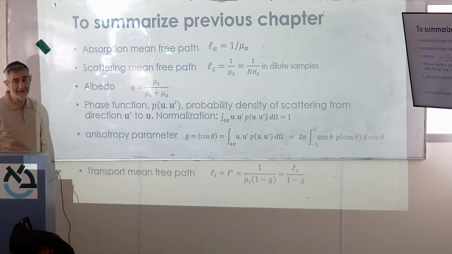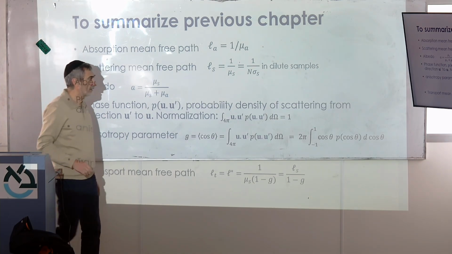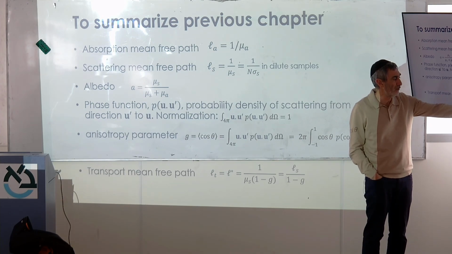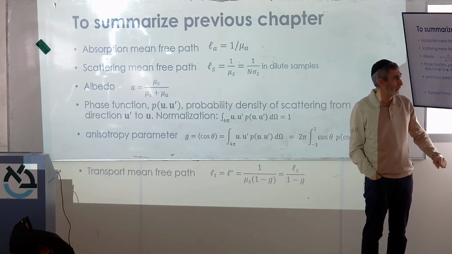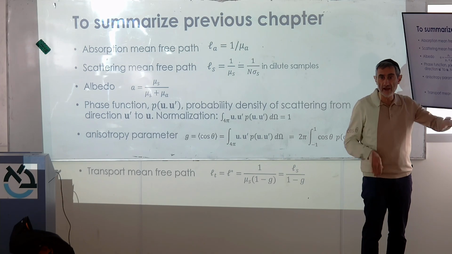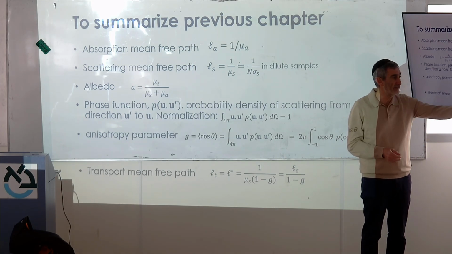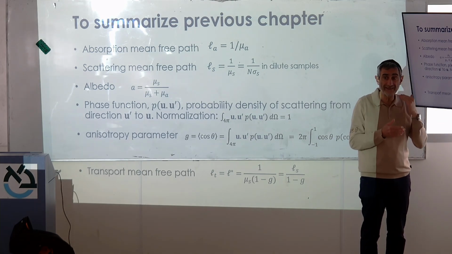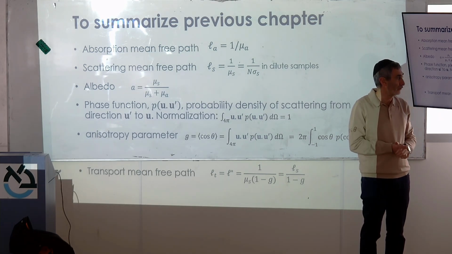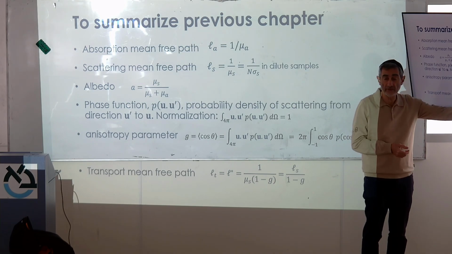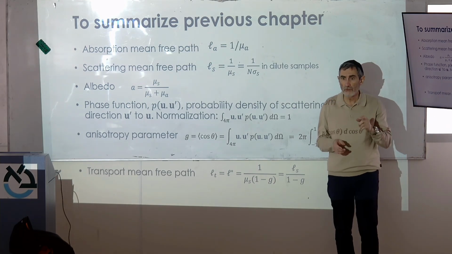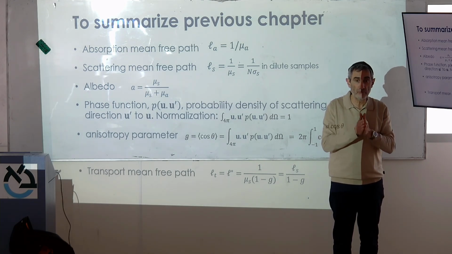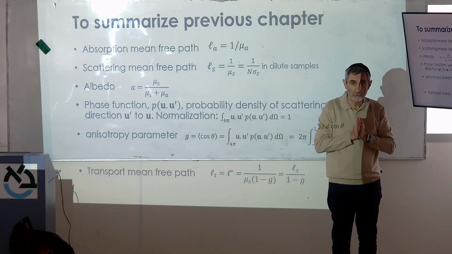L_T, or L star, which is actually the scattering mean free path divided by 1 minus g. If g is close to 0 for isotropic scattering, L_S and L_T are the same, and if g is close to 1, L_T, the characteristic length of the transport mean free path, can be much larger than L_S. Remember, L_S is the distance after which I lose light from the ballistic beam, or from the ballistic photons.